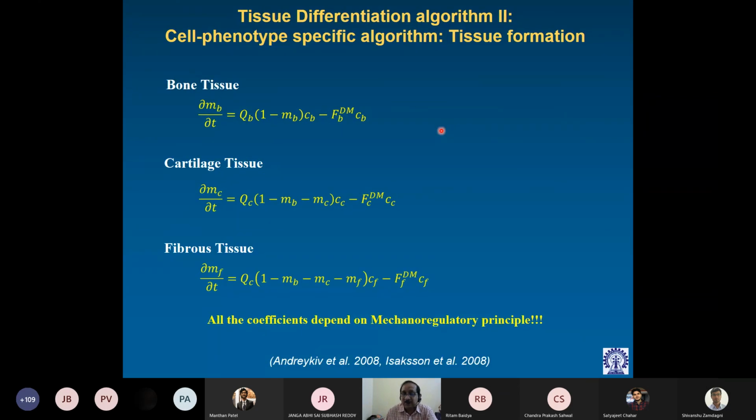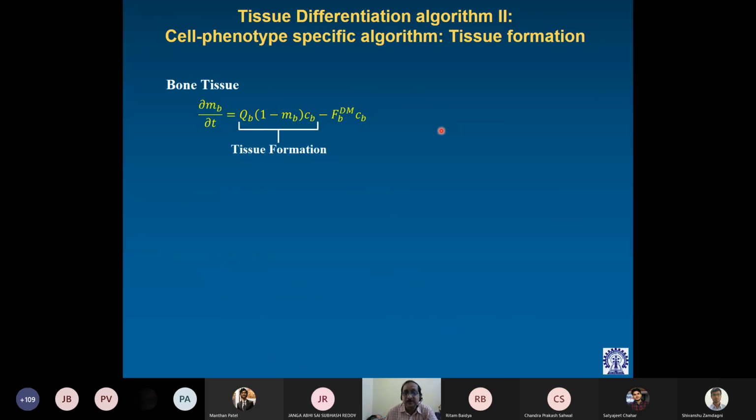Further, you can calculate the differentiated bone tissue, cartilage tissue, and fibrous tissue. This part is tissue formation, and this is tissue degradation. So tissue formation and tissue degradation are explicitly modeled in the cell phenotype specific algorithm.